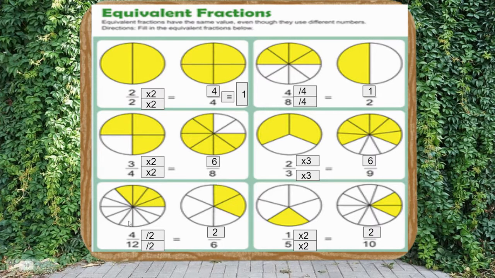The next problem we have is 4 over 12. 4 divided by 2 is 2. 12 divided by 2 is 6. 4/12 and 2/6 are equivalent fractions. 1/5 is equivalent to 2/10 because 1 times 2 is 2 and 5 times 2 is 10, making 1/5 and 2/10 equivalent fractions.